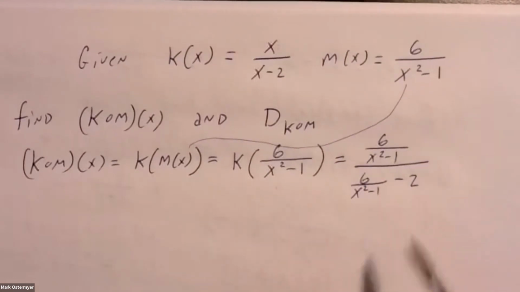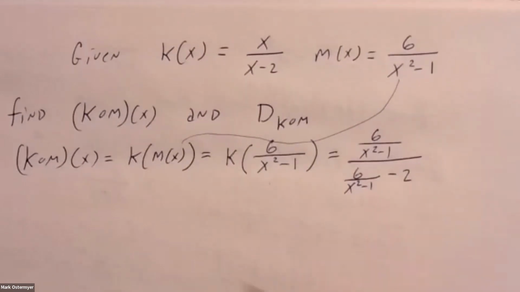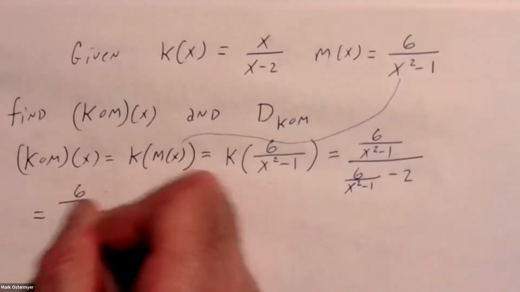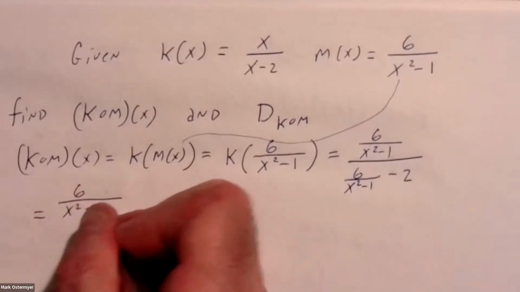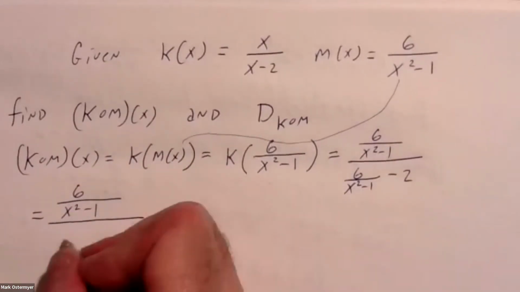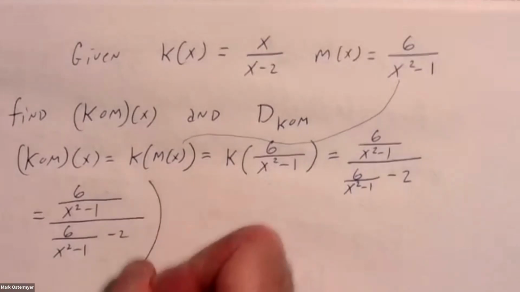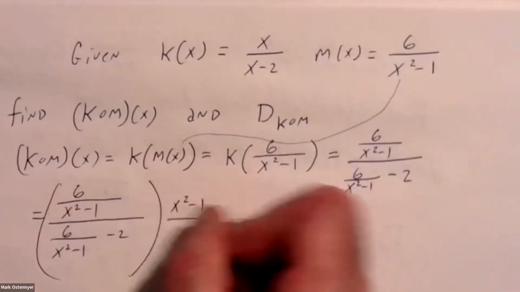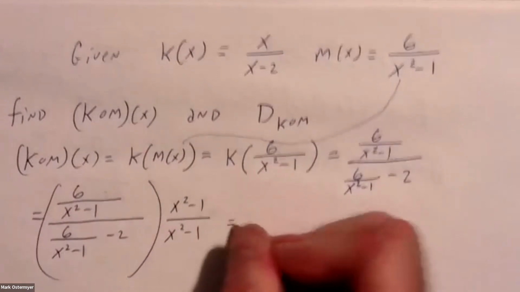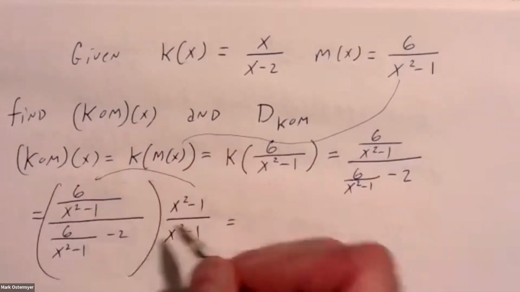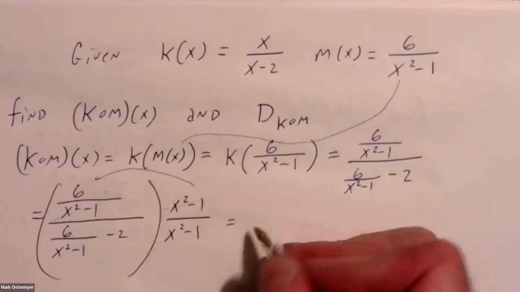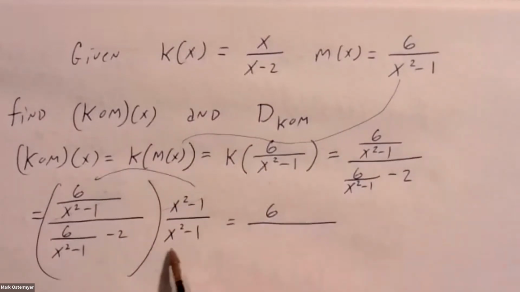Now we probably want to simplify this. This looks really nasty. This is a complex fraction. To simplify it, all I have to do is multiply the numerator and denominator by the least common denominator, which is x squared minus 1. The x squared minus 1s drop out in the numerator, leaving just 6. In the denominator, x squared minus 1 times this fraction leaves 6, but you still have the minus 2 that has to be multiplied by x squared minus 1.